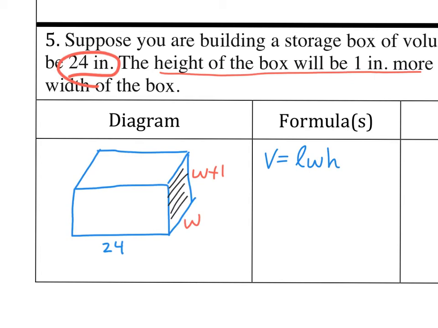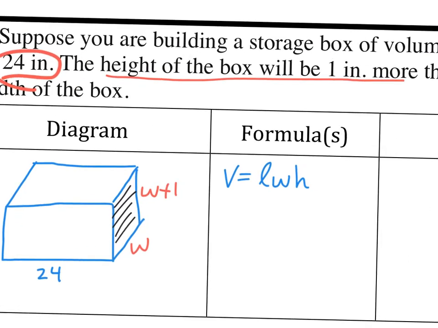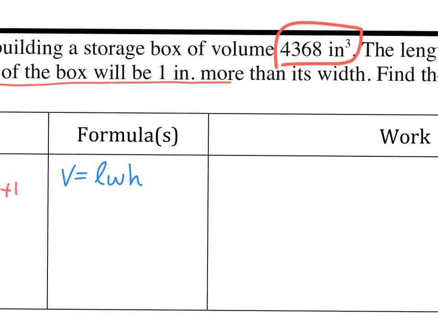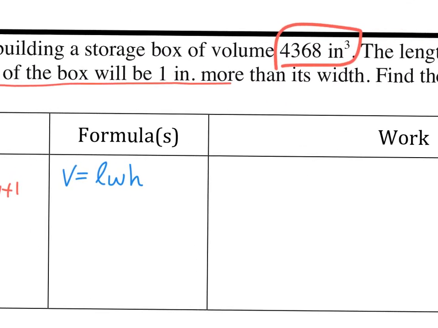But we already know one of these numbers, right? So I'm going to go ahead and substitute some stuff in to see what we have. So I'm going to substitute the 4368 right there. And then I have one of them is 24. Then I have a W and a W plus 1.